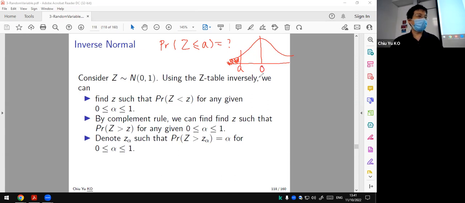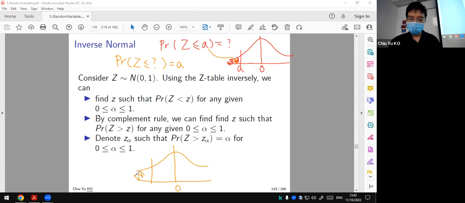And now we ask another question. The question is reversed. Inverse normal means I give you A, and you go back. What I want to know is the following, which often appears: I give you this area, called alpha, and I want to figure out this number.